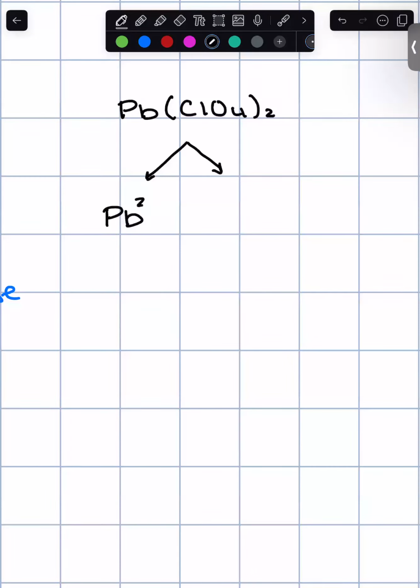You have a lead cation and a chlorate anion. All right, so is this cation going to be acidic or basic? That's basically what I'm asking. Or another way to think about it is, is this a conjugate acid or conjugate base?